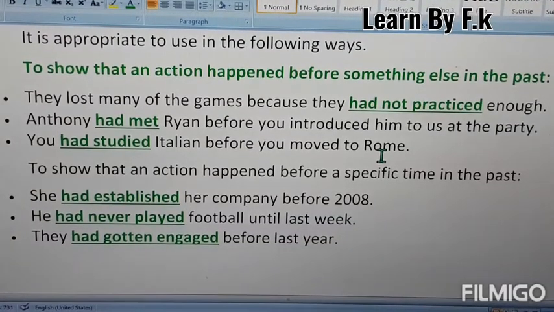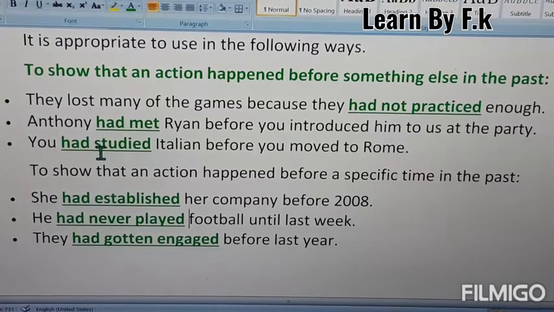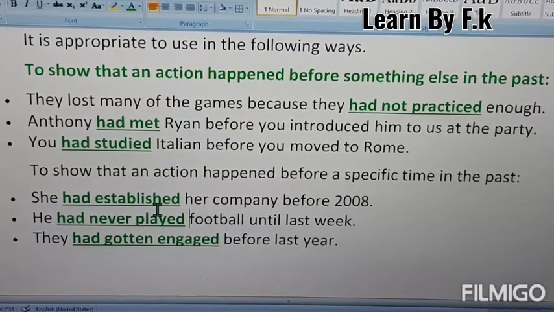She had established her company before 2008. In this also is the oldest activity. So in this way we are comparing the past activity before a specific time period. It means before 2008, the first thing is that she had established her organization.